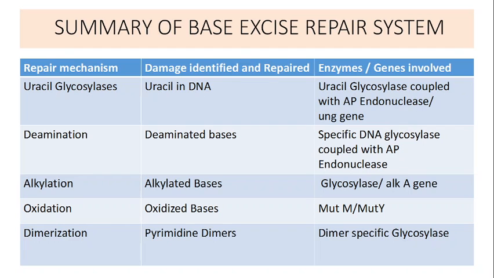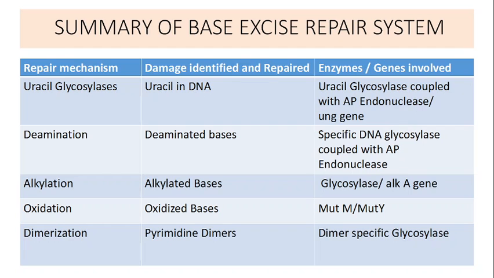This reactive oxygen includes superoxide radicals, hydrogen peroxide, and hydroxyl radicals, all of which have more electrons than molecular oxygen. This 8-oxoguanine can pair with adenine, creating a GC to TA transversion. MUT-M will recognize this 8-oxoguanine in DNA and acts as a glycosylase to hydrolyze the glycosidic linkage between this oxidized base and its deoxyribose sugar.